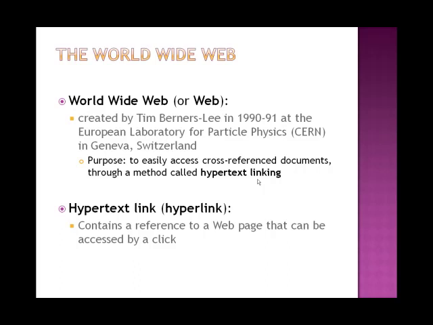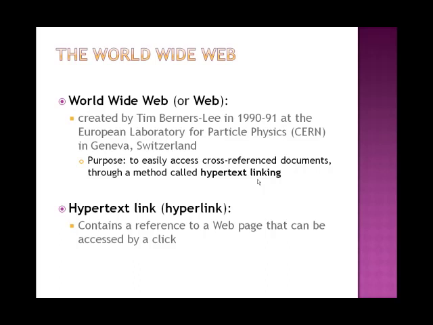So in early 90s, like 90 or 91, Tim Berners-Lee created what is called the World Wide Web, and it was created in the European Laboratory of Particle Physics, or CERN, in Geneva, Switzerland. Its reason was to make cross-referencing documents easier from one computer to another.